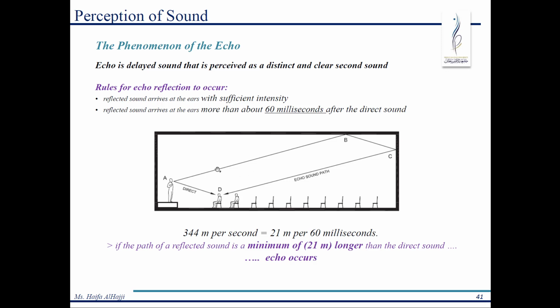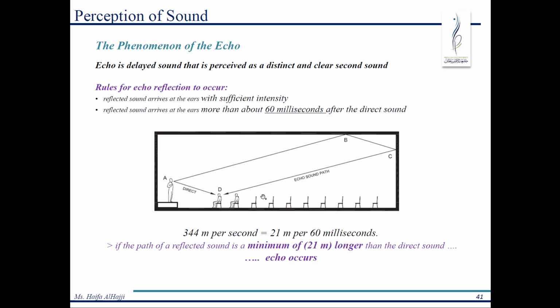So I'm going to measure the 21, to see if it's 21 or not, from this point. It's easier for me to measure the summation of this line and this line and this line, then subtract the direct sound to see the difference in time interval. For example, direct sound reached me within 2 meters. Now the reflected sound reached me within 24 meters.